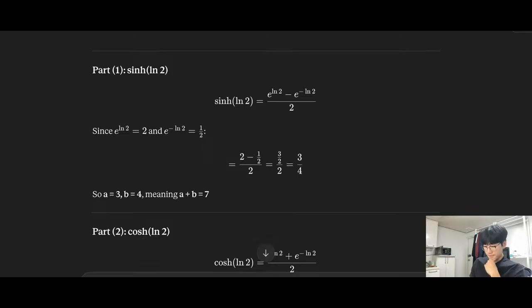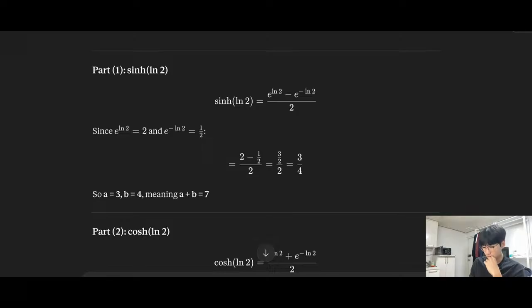Oh, okay. Yeah. I multiplied this by 2 as well, which was stupid. So that makes 3 over 2, right?